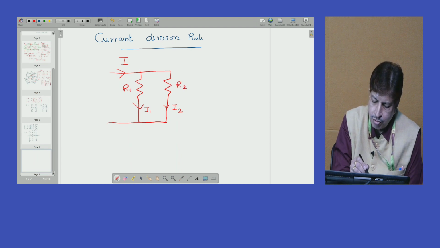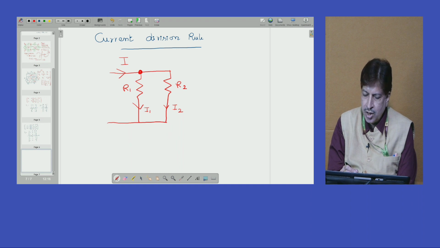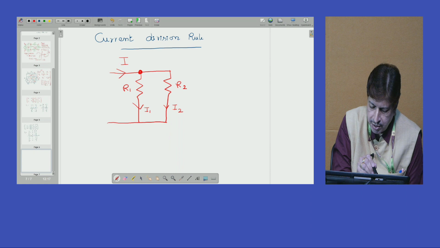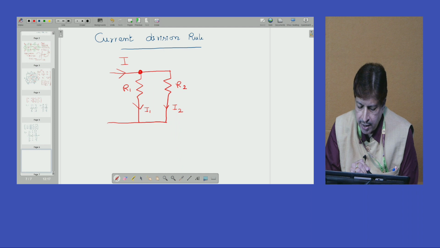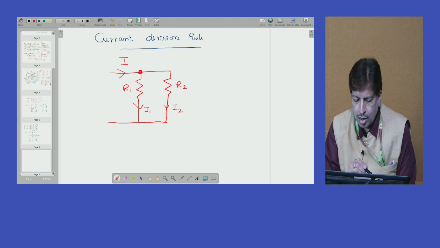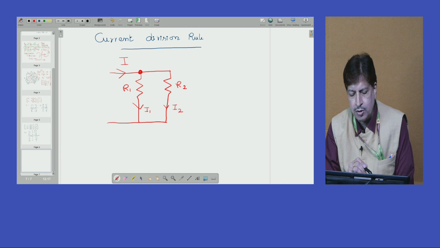As you know, according to Kirchhoff's current law, at a junction, this is a junction because a minimum of 3 paths are joined to that point. See, the current I wire is coming there, the R1 connected wire is there, the R2 connected wire is there. So 3 paths are joined to that particular element.